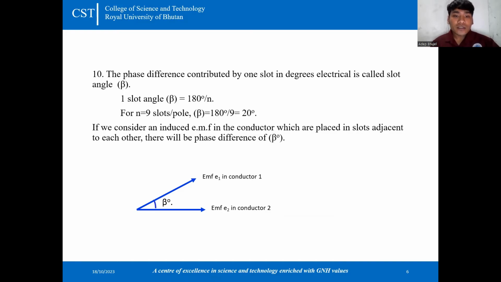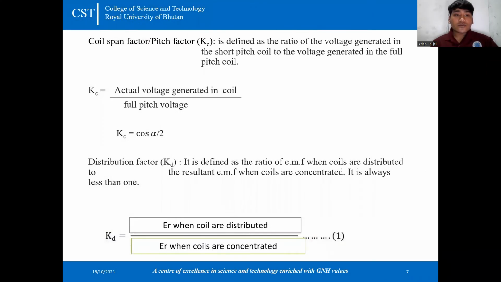If we consider an induced EMF in conductors placed in slots adjacent to each other, there will be a phase difference of beta. Out here we can see that the EMF induced in conductor 1 and the EMF induced in conductor 2 have an angle difference of beta. Next important term in armature winding is coil span factor or pitch factor, which is denoted by Kc.